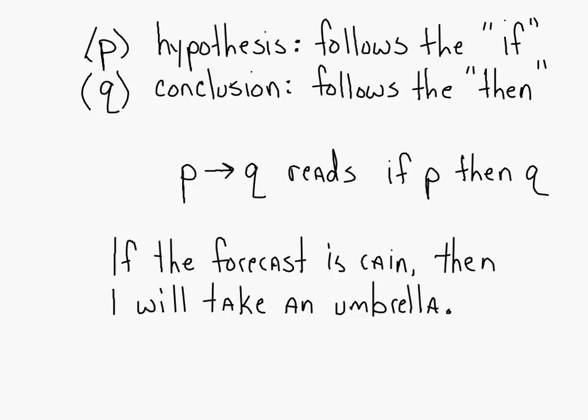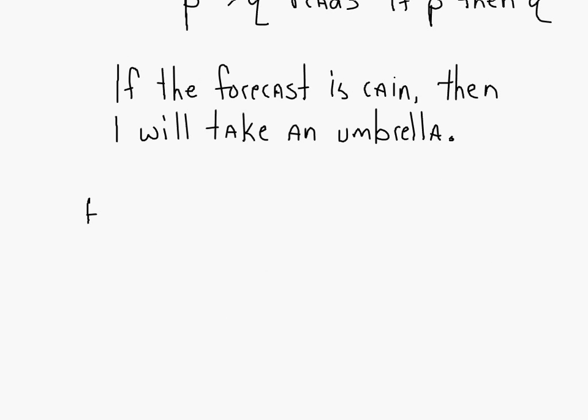All right, so right now we're going to identify the hypothesis and the conclusion of this statement in a complete sentence. So we said that the hypothesis, where is the hypothesis in the statement? After the if. Very good.